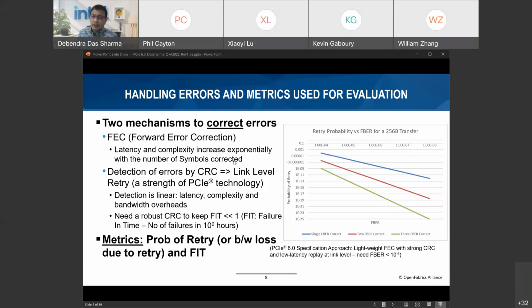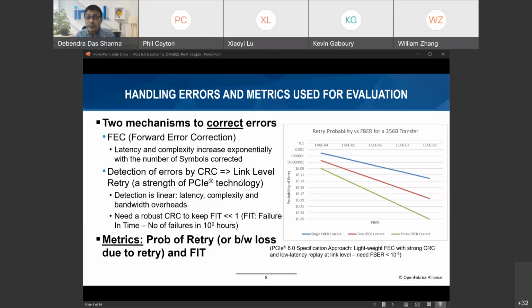With that, what we need to do is manage the probability of the retry. In the specification, we give very strict guidelines that if you get a flit, you need to do an ACK or NACK within X number of nanoseconds. For example, for a by 16, it is 50 nanoseconds from pin to pin. Those are guidelines, but normally people adhere to them.